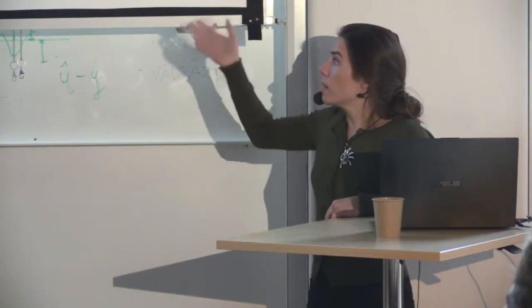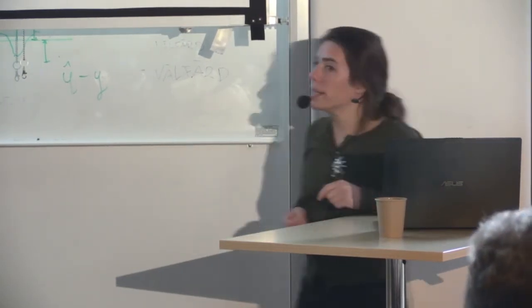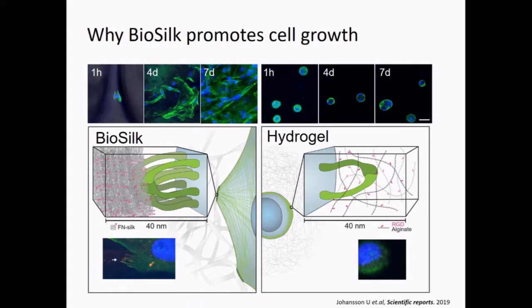So we wanted to understand the reason behind the difference here. We zoomed in at early and later time points to see what is happening with the cells in these different environments. And what we see is that in the Biosilk, the cells start to adhere and spread out already after 1 hour.